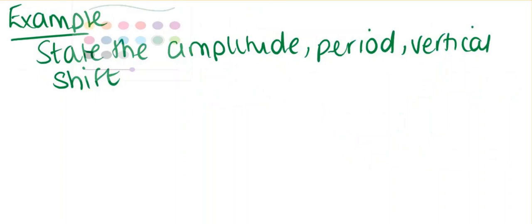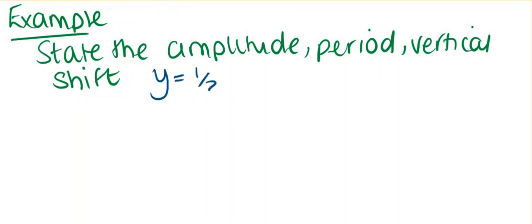So we'll have a look at this question. It says y is equal to a half cosine theta minus 2. At the moment, we have b as 1, so that doesn't change anything. So we'll have a look at working out the amplitude, which we know is a half.